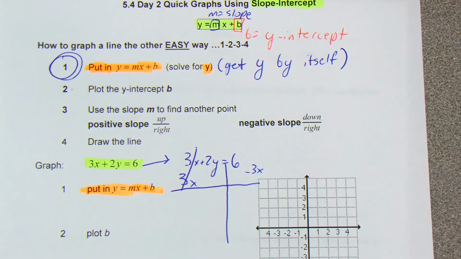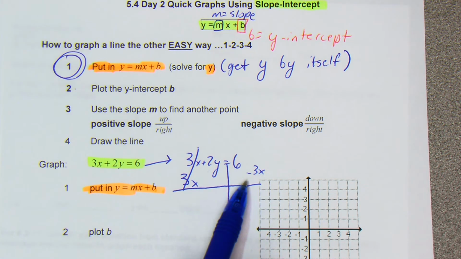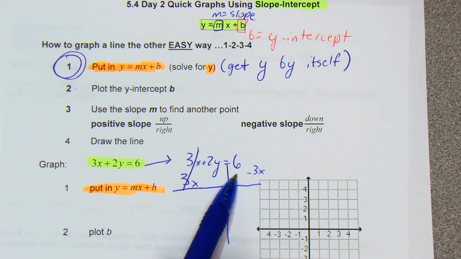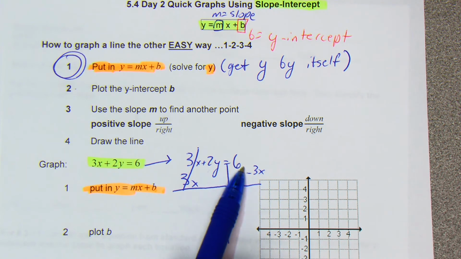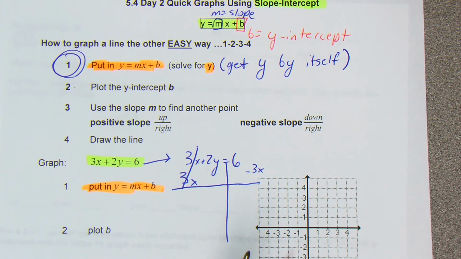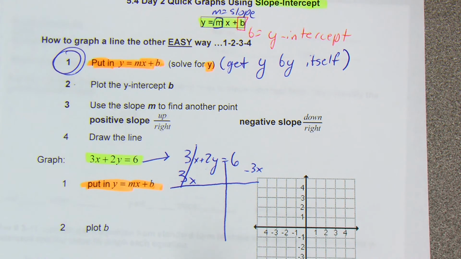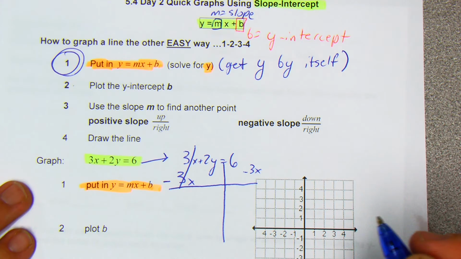Now I want you to look, because as you can see, I did not line up my minus 3x underneath my 6. I wrote it to the side, because we cannot combine 6 and negative 3x. If this 6 had an x with it, we could, but since the negative 3 has an x and this 6 doesn't, we cannot combine them. We can only combine numbers that share the same variable. So 3x minus 3x is 0, and those cancel out.